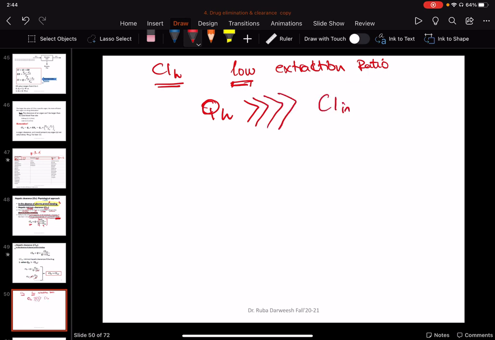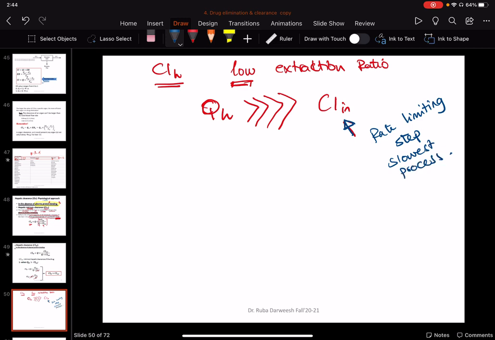If we write the equation, which means that the intrinsic clearance is the rate limiting step, okay? Okay, so this is the rate limiting step because it's the slowest process that we have.